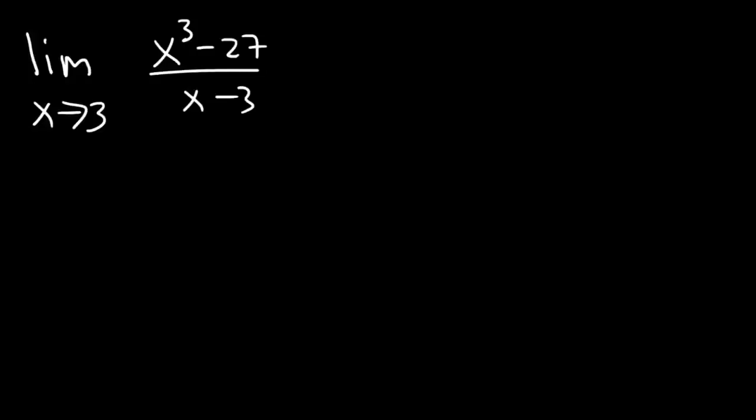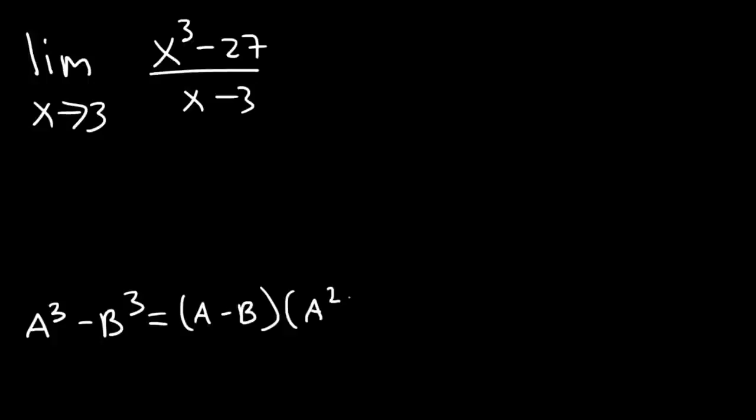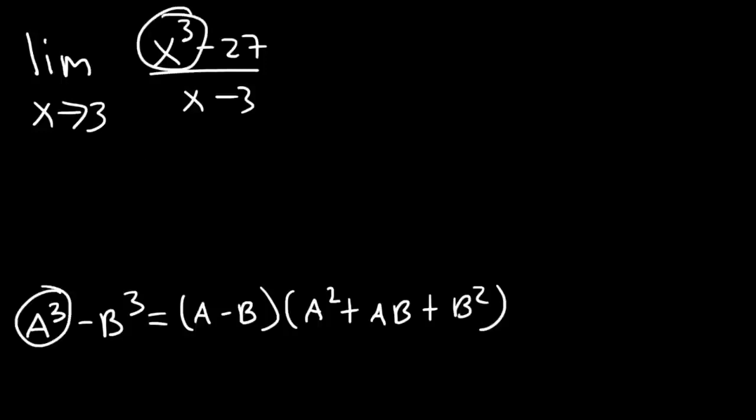So how can we factor x cubed minus 27? What we have is the difference of cubes. And whenever you see that, you can use this formula. A cubed minus b cubed is a minus b times a squared plus ab plus b squared. So in our example, a to the third is like x to the third, and b to the third is 27.